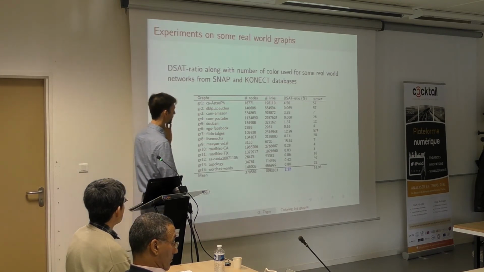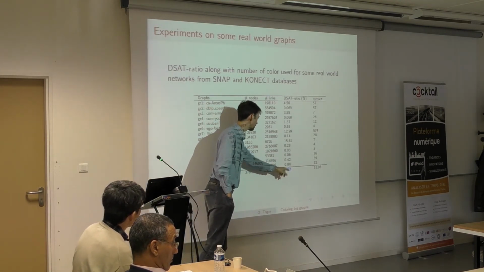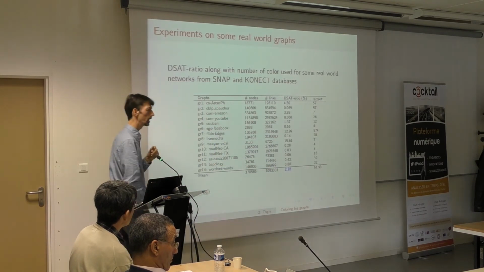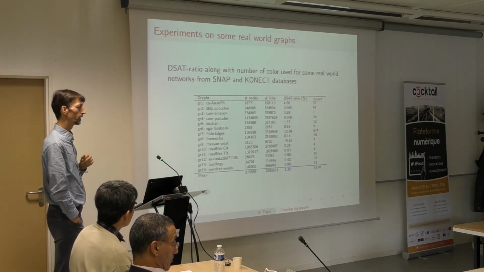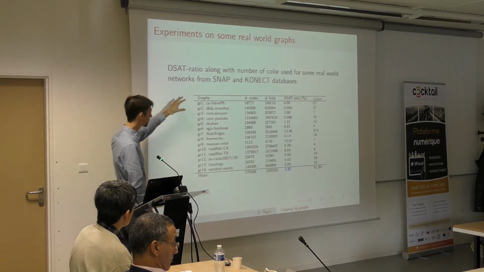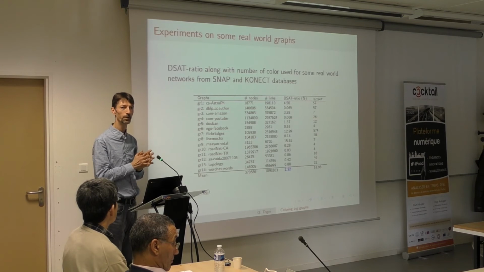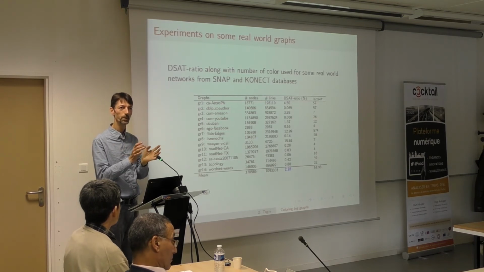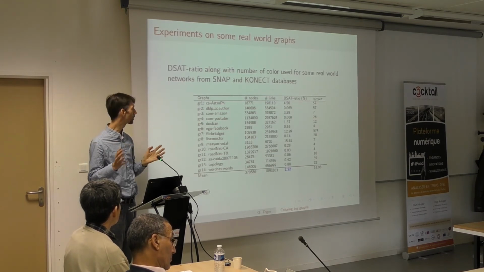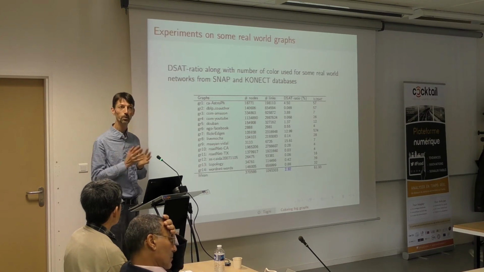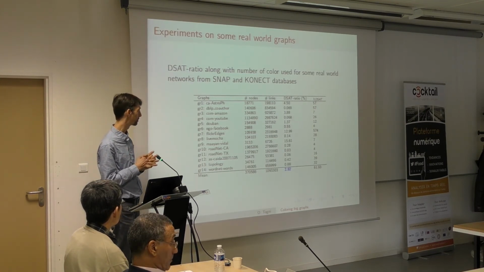So you see that it is very small on average, a ratio of less than 3%. So it means that for these graphs, on average, you have to run the algorithm only on the first 3% of vertices in order to get a good estimate of the chromatic number of these graphs.